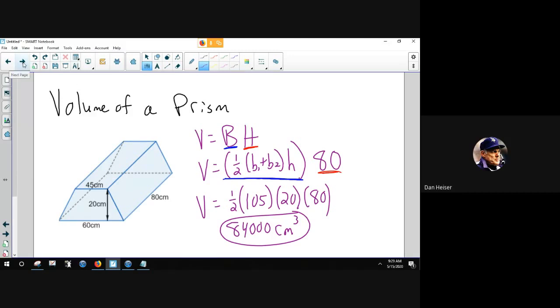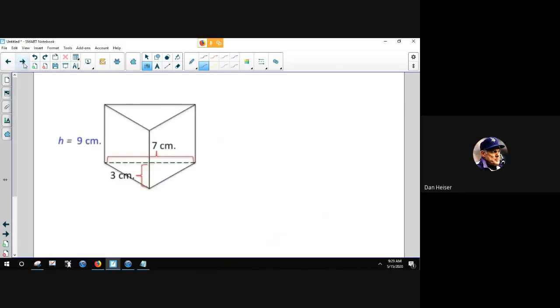One more prism example. Now our prism is triangular. So we have to alter our volume formula.